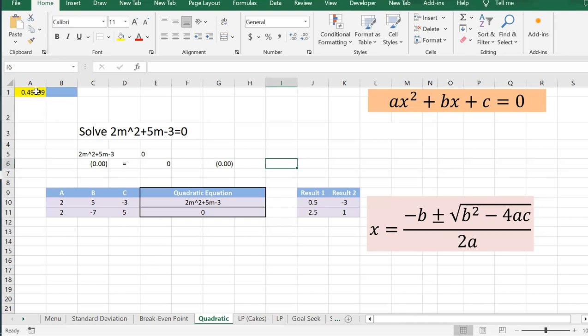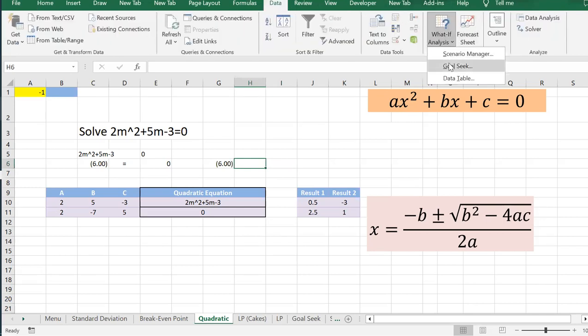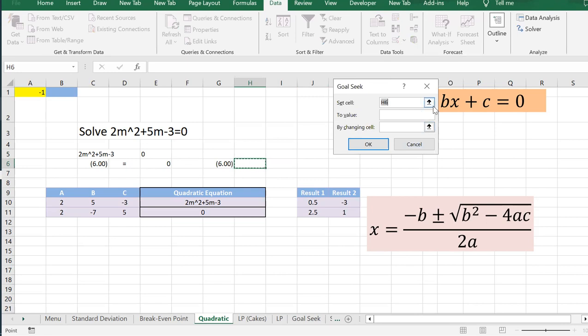For example, we have here, for example, -1. Okay, so we have to see, using the goal-seek, what-if analysis, we go to the goal-seek and we set this to be 0, because this entire equation, when evaluated, our objective is that it becomes 0.